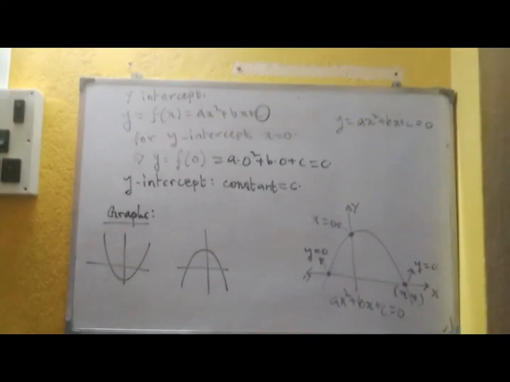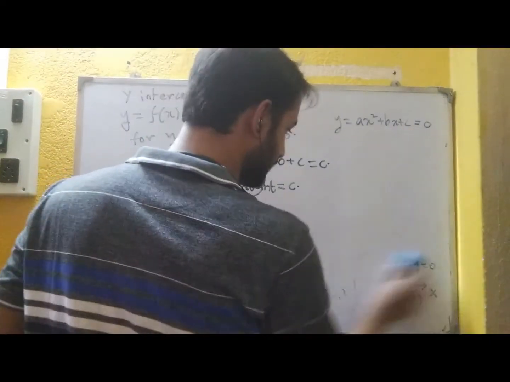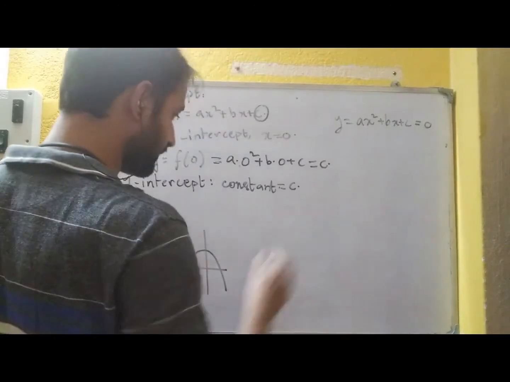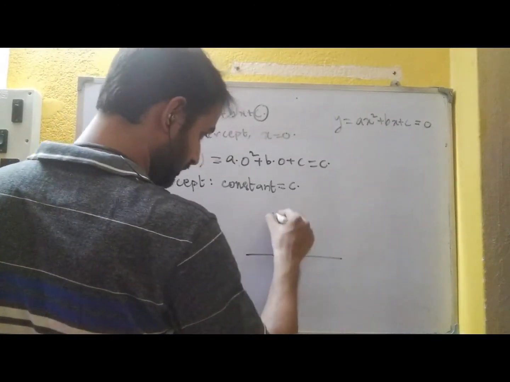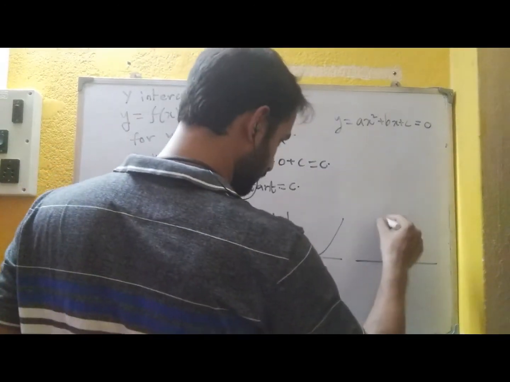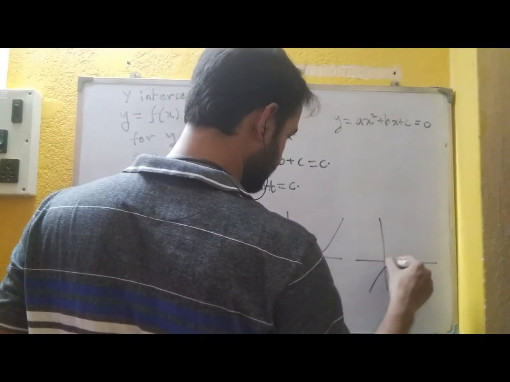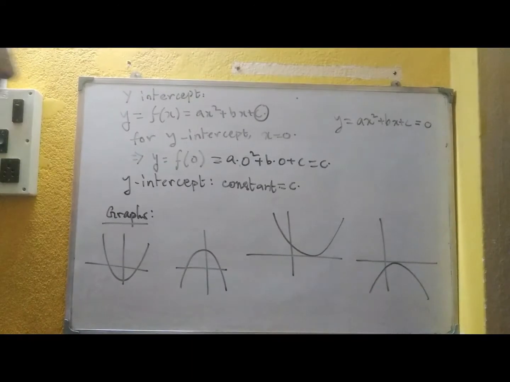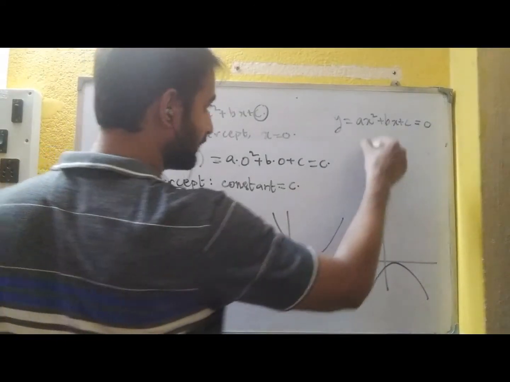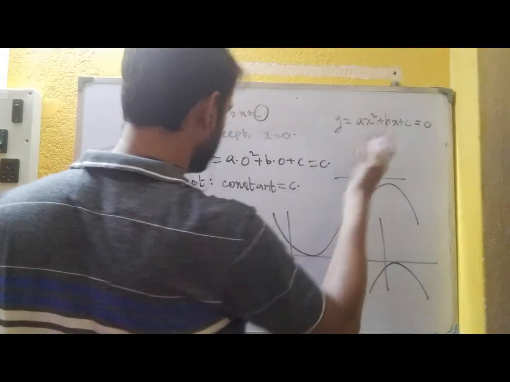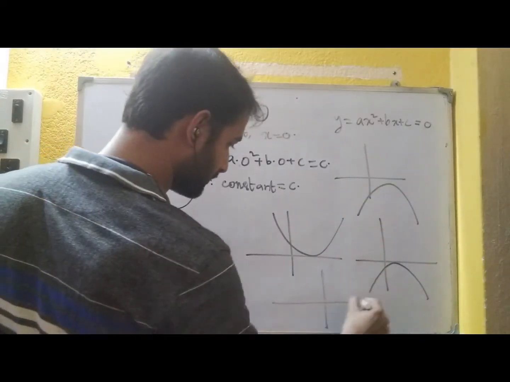Similarly, when it is touching the x-axis, we have to show it like this. And last, when it is not touching the x-axis, like this one. And similarly, another will be like this.